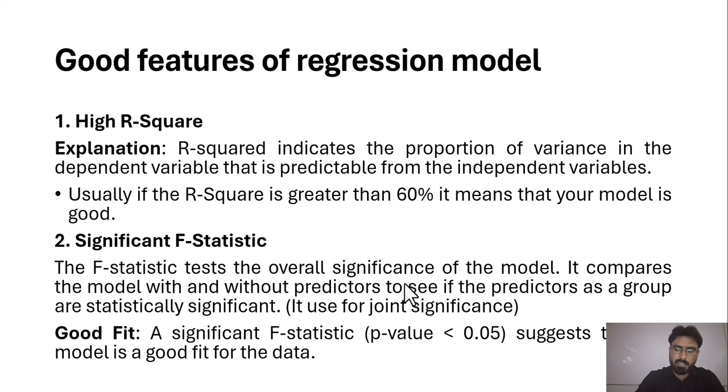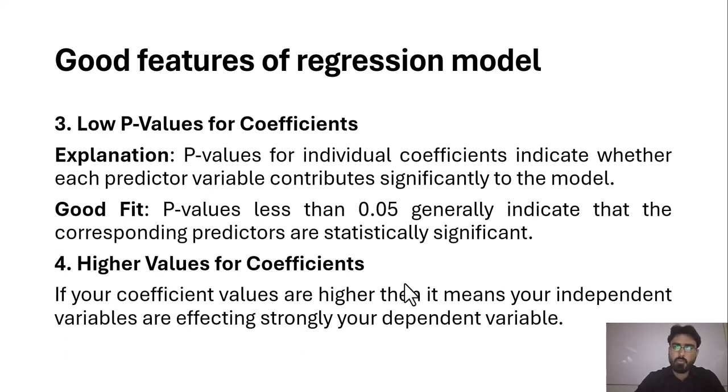The next thing is low p values of the coefficients. Usually the rule of thumb is that if the probability value of a coefficient is less than 0.05, it means that your coefficients are significant.